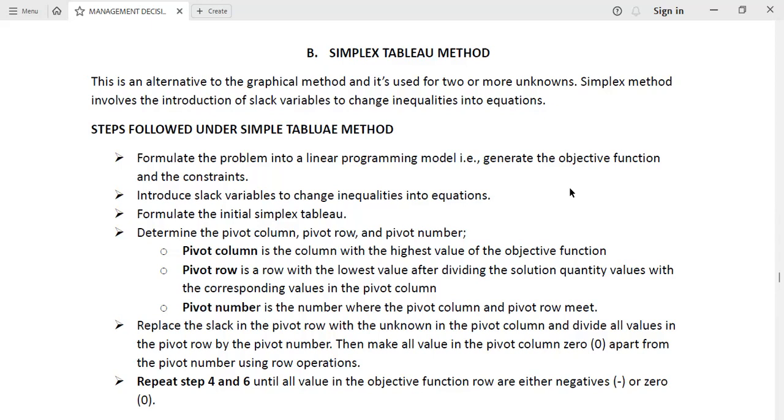So long as they are starting from three, we can only apply the simplex method, because the graphical method works for only two unknowns.